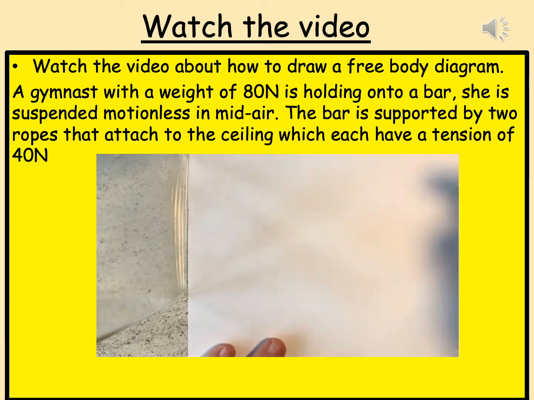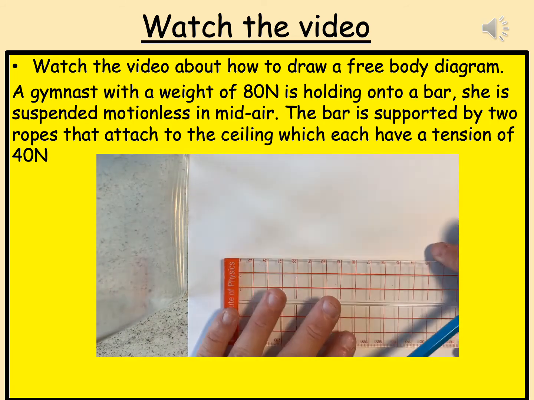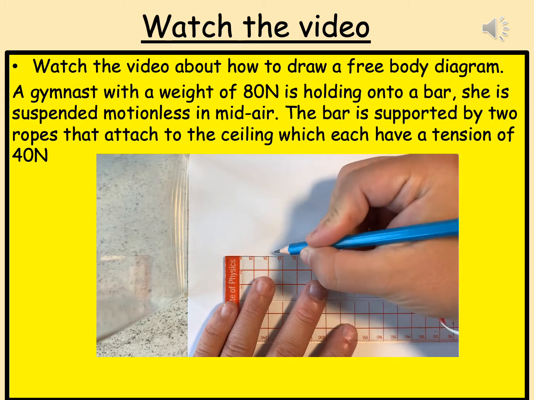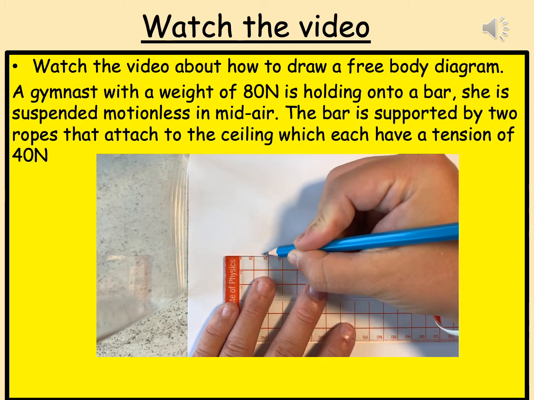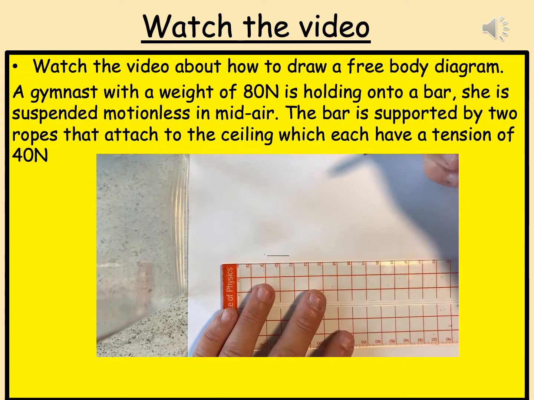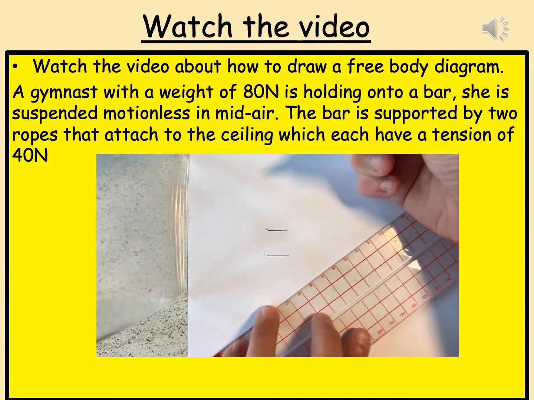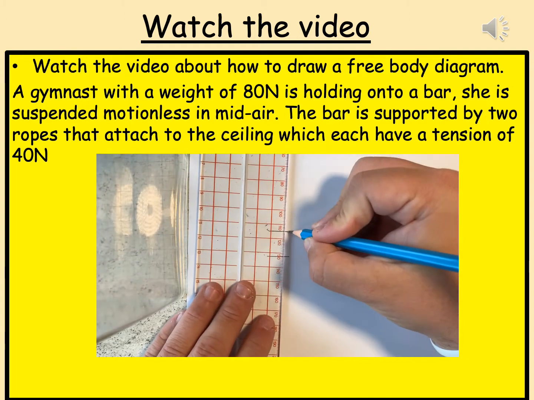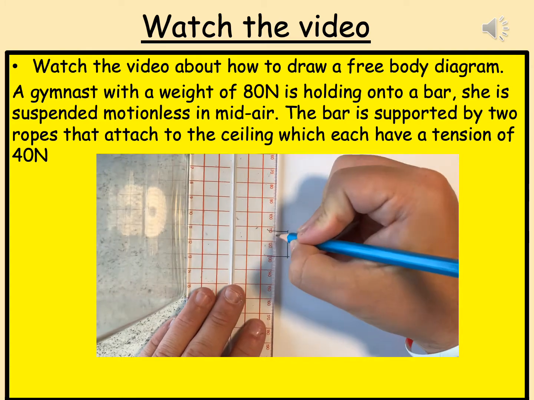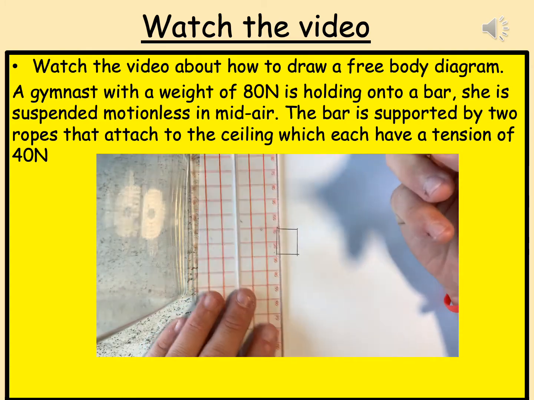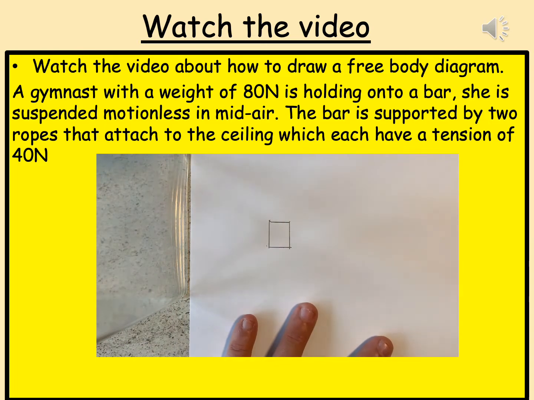When we want to draw a free body diagram, we need to make the object that we're looking at a pretty classic shape, because we're saying all this mass is acting in one point. It's all centered at one point. So there is our gymnast.